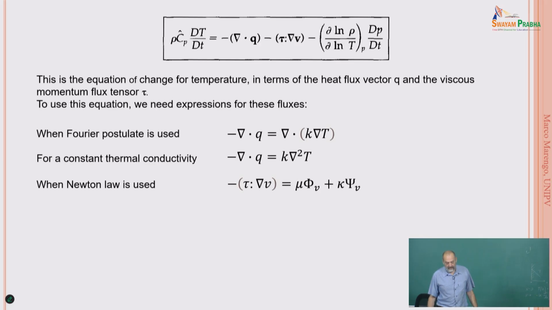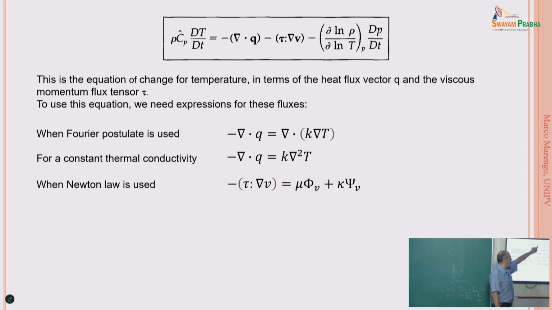And then we can have different situations. For example, when we are considering the Fourier postulate, of course, minus nabla dot q becomes the Laplacian of the temperature. It's a divergence of the gradient. So divergence of the gradient, and if we have a constant thermal conductivity, this term becomes nothing else than k multiplied by the Laplacian of temperature.